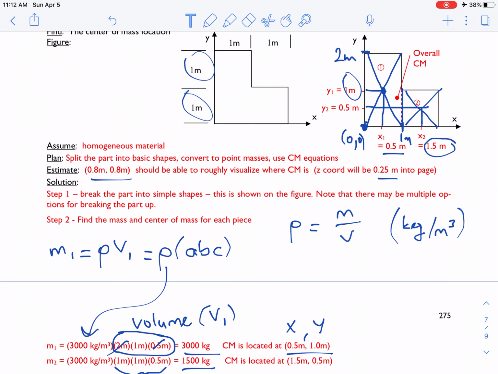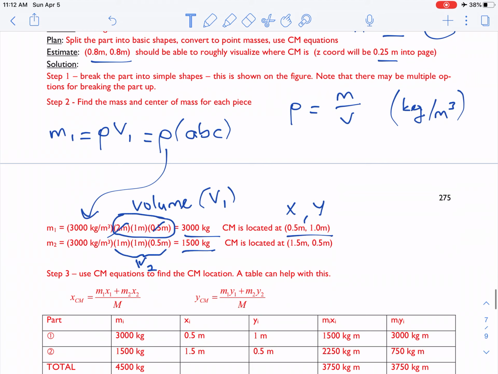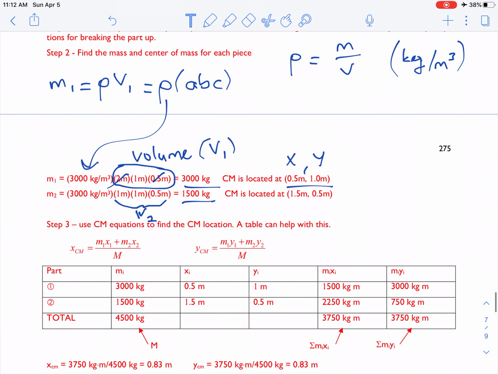You can see that piece 2 is half of piece 1, so mass-wise, it should also be half if it is homogeneous. And it is; that's the assumption we made. And again, taking note of the locations: this was X1, Y1, and this is X2, Y2, because these are the ones that we need in this equation here.